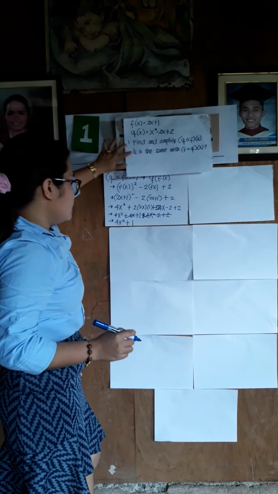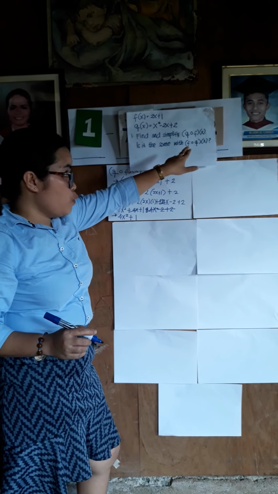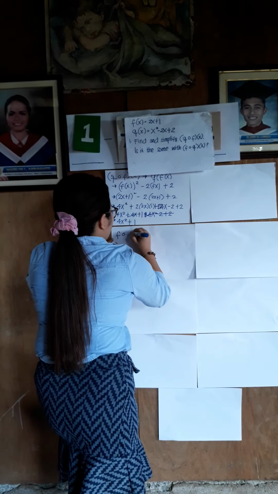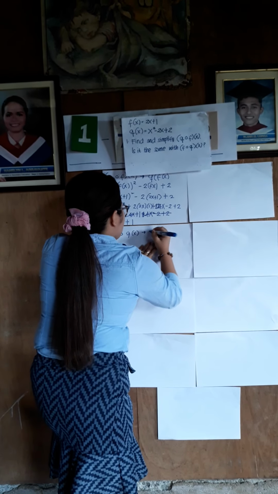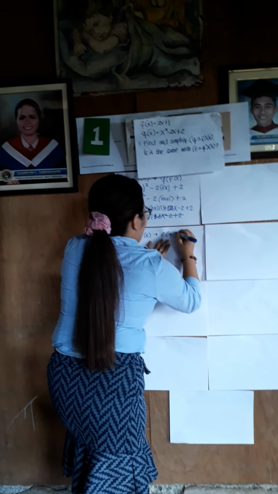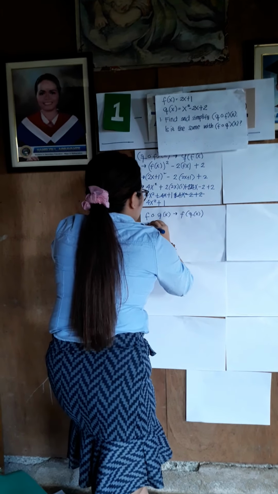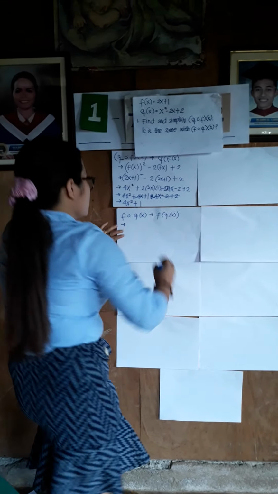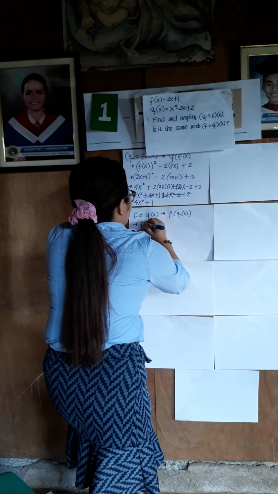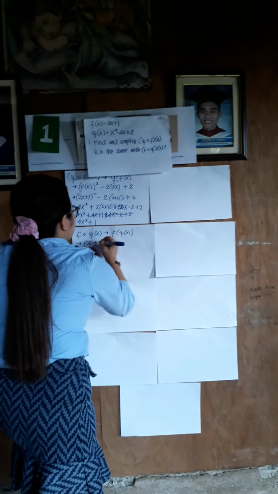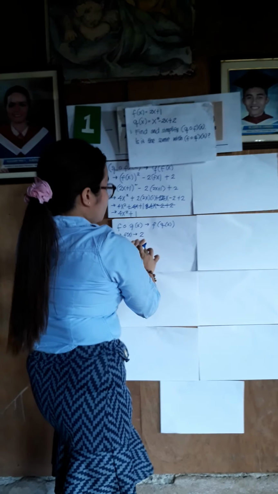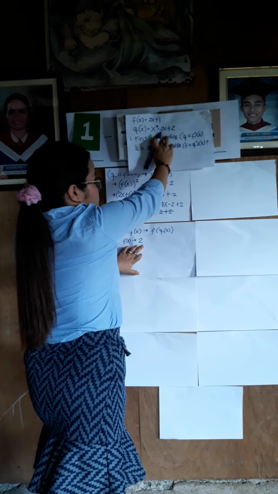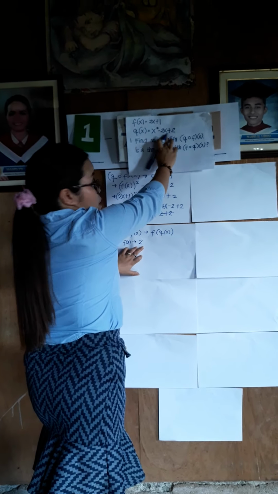Now let's go to f of q of x. F of q of x is the same as f of q of x. What we're going to do is substitute the value of x here with the value of q of x. So f of x will turn into 2, copied, and the x substituted by the value of q of x: x squared minus 2x plus 2, plus 1.